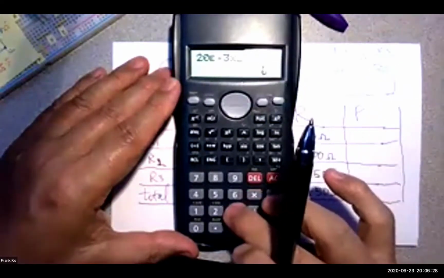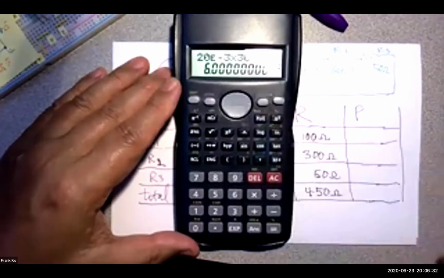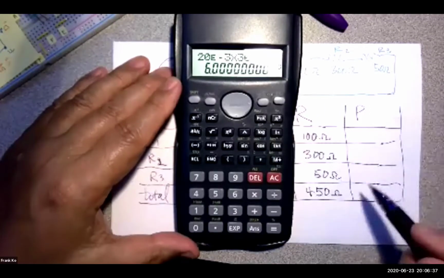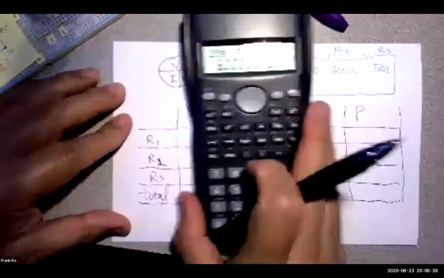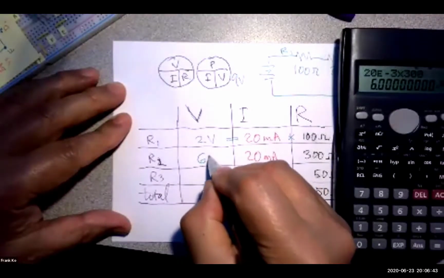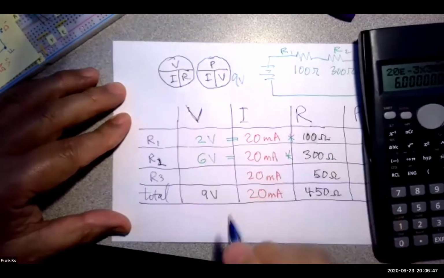Now I'm going to multiply by 300. Enter. How many volts does that calculate to be? Wow, 6 volts. Didn't we calculate 6 volts earlier using the voltage divider formula? We're verifying it right now. So 6 volts is equal to 20 milli times the 300 ohms.